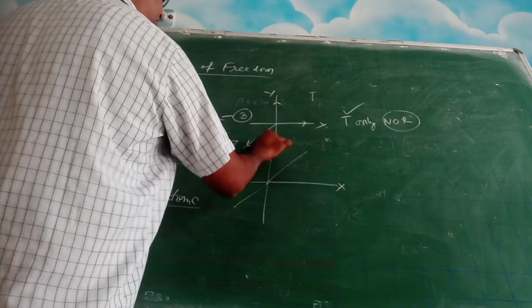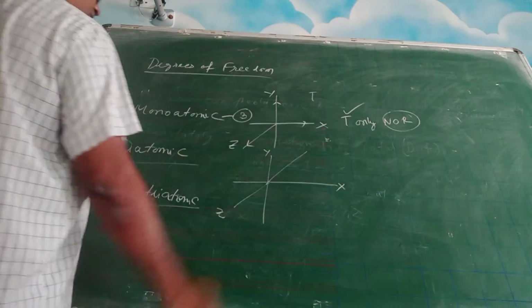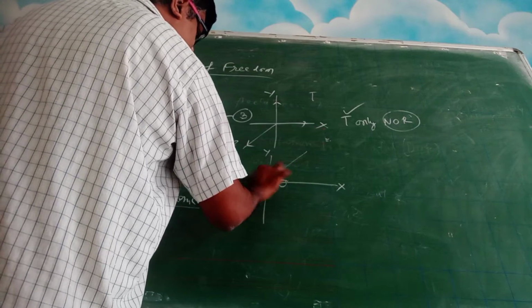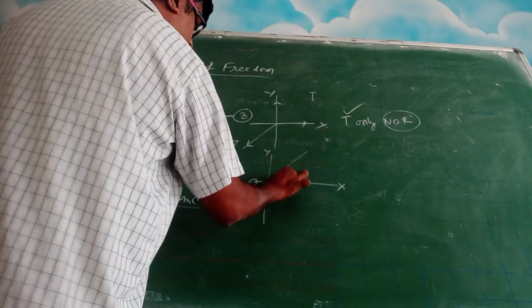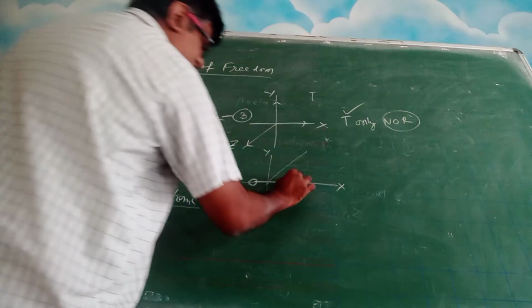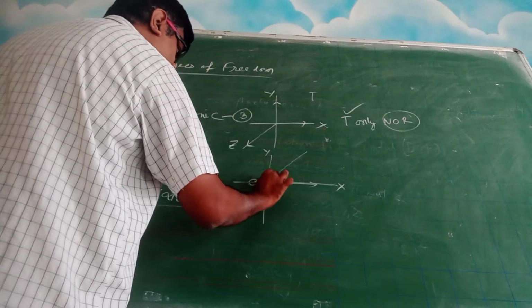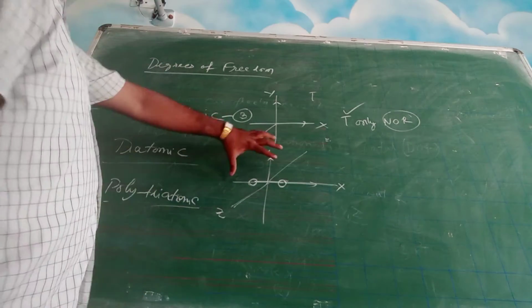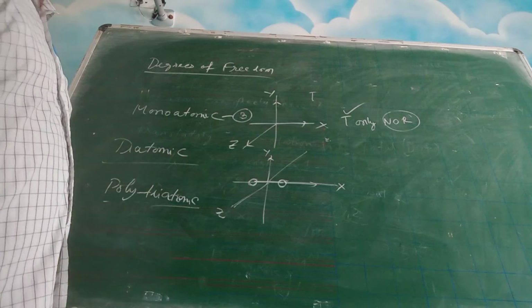Okay? Now, when the situation comes for a diatomic, okay, this is your X, this is your Y, this is your Z. So diatomic, how they are? They are like this. This is your diatomic molecule. So about them, when you talk about translation, this can move in X, this can move in Y, this can move in Z. Okay? Like imagine like your dumbbell.